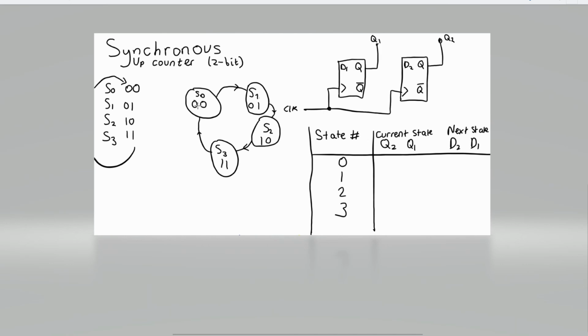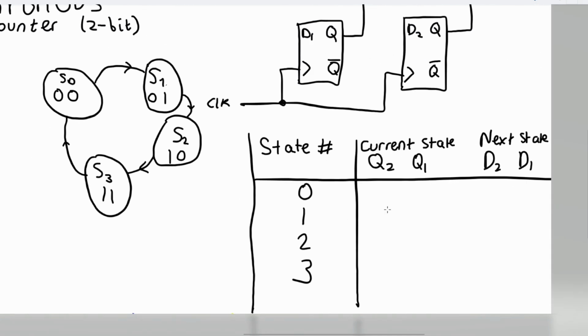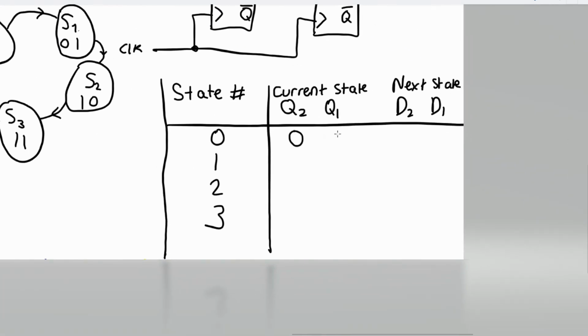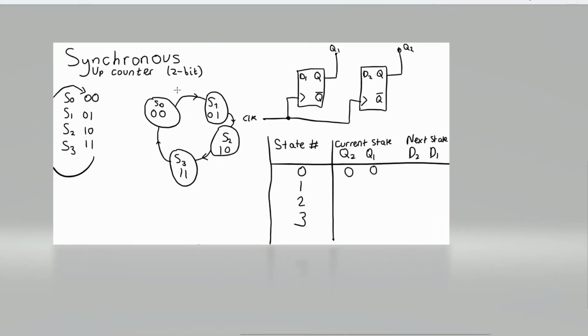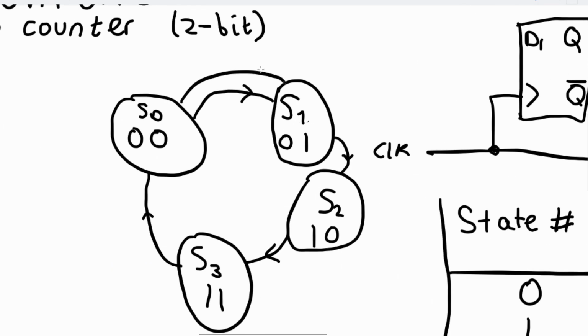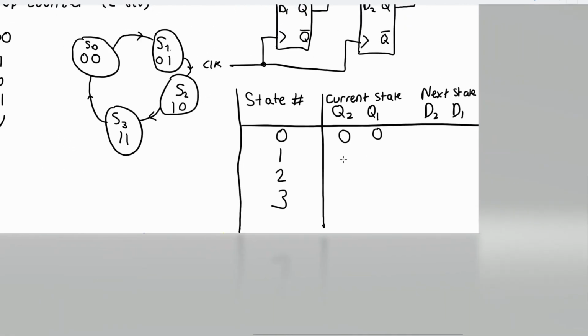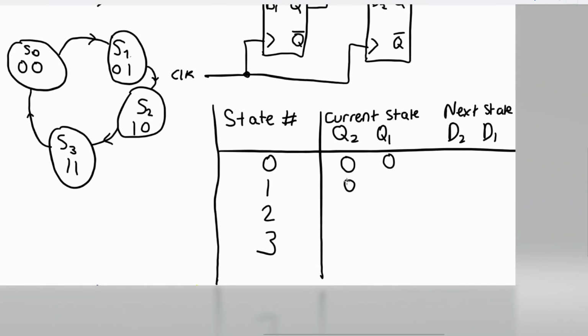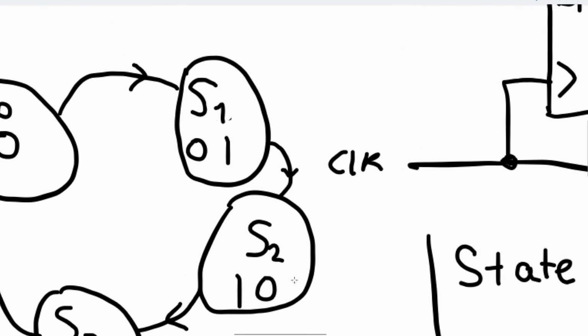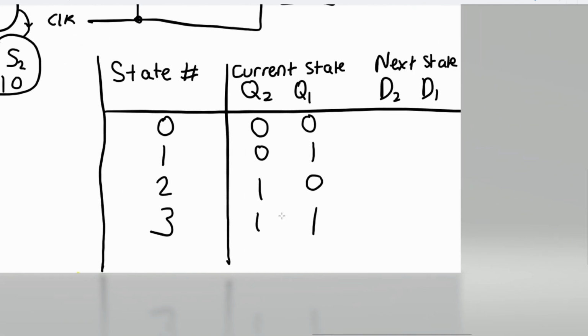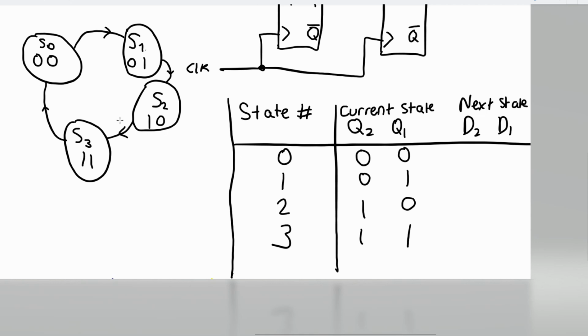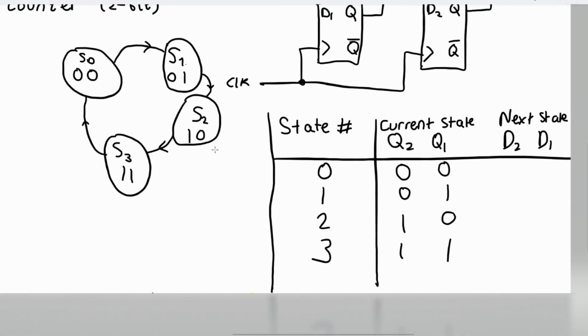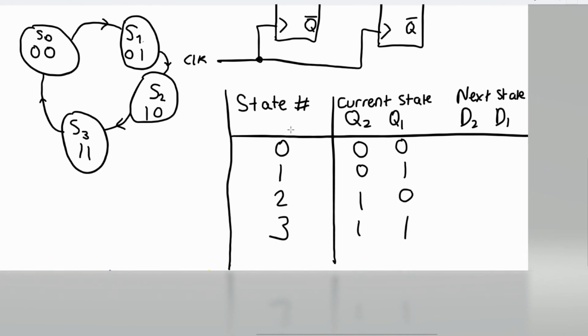So state 0 is going to be 0 0, and we want state 0 to feed to state 1. I'm just going to draw all of these, because this is what the state number is, and this is the value associated with that, or the output we want from that.